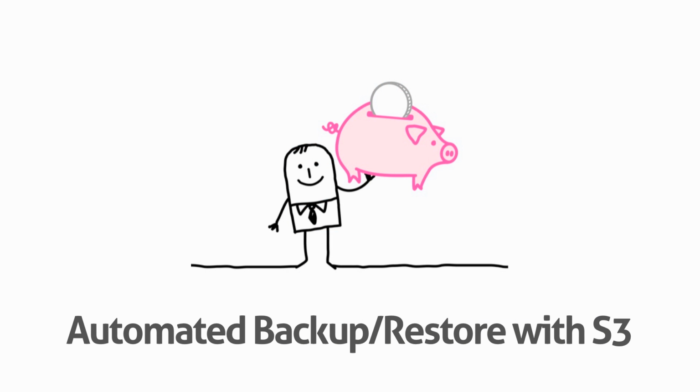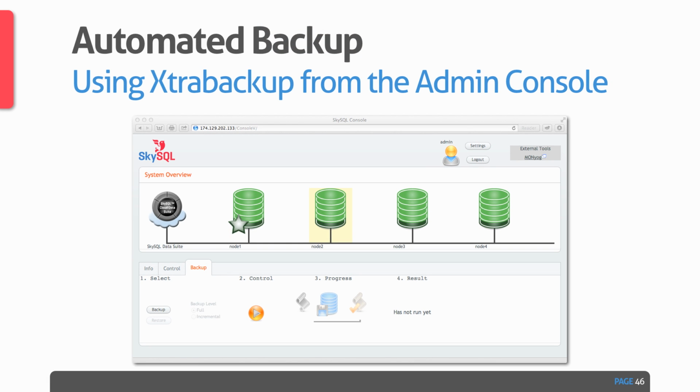Finally, let's have a very quick look at the backup and restore mechanism, where you can see that we use Xtrabackup and we can execute it from the admin console. The backup can start in scheduled mode, or you can start it on demand. You will see a progress indicator that gives you information that the node is being backed up.